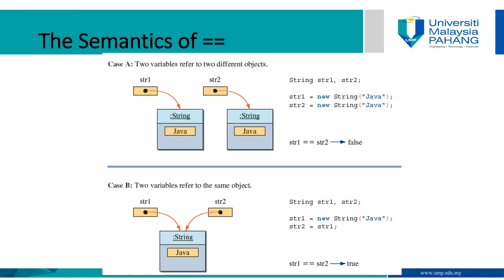We did not declare anything new for str2 here. We did not set any new string value, but we are simply referring str2 to str1. So when we do the comparison, str1 == str2, the answer will be true.